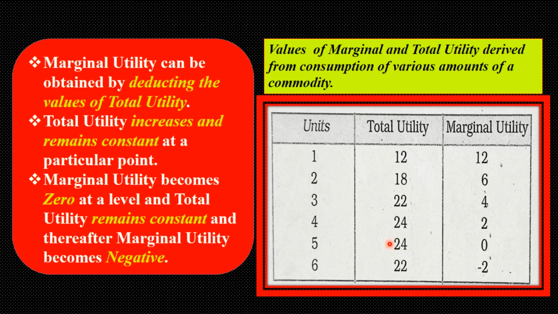Here, total utility increases and remains constant at a particular point, that is 5th unit of consumption. On the other hand, marginal utility becomes 0 at a level and total utility remains constant, and thereafter marginal utility becomes negative.